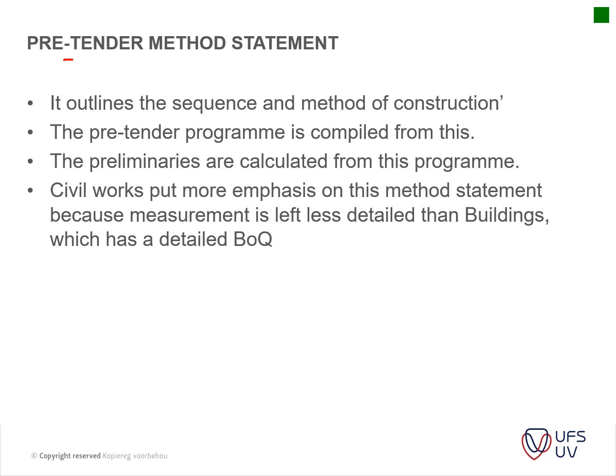The short and long of the pre-method statement: it outlines the sequence of your method of construction, and the pre-tender program is compiled from this. The preliminaries are calculated from the program, and the civil works put more emphasis on the method statements because the measurement is less detailed than buildings.